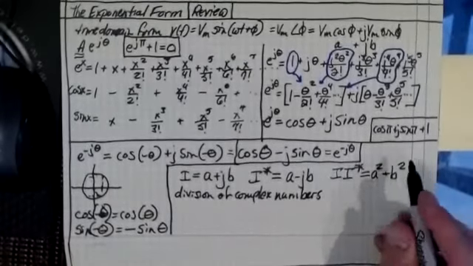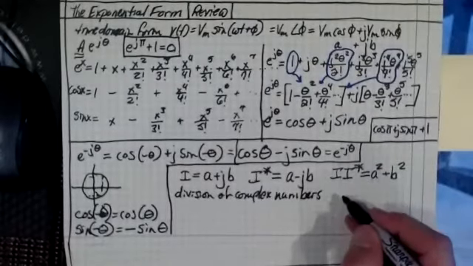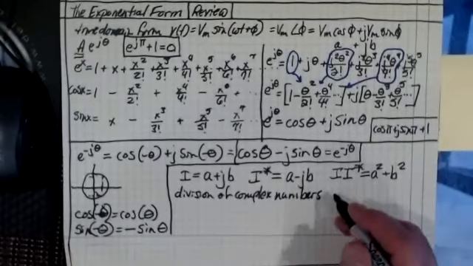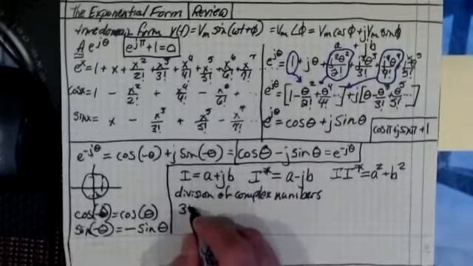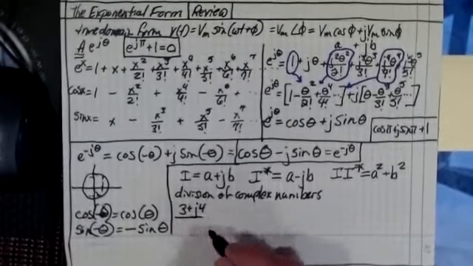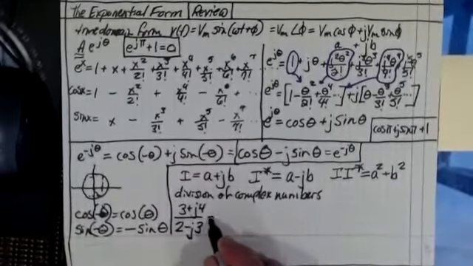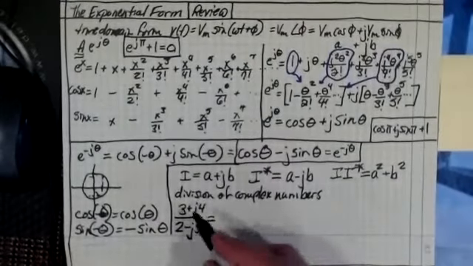When we're thinking about division of complex numbers in their A plus jB form, I'll give you one. Let's say that 3 plus j4 is divided by 2 minus j3. Now, how many people know how to do that? All of you do. I see you're all raising your hands. That's so good. So I don't even really have to do this.